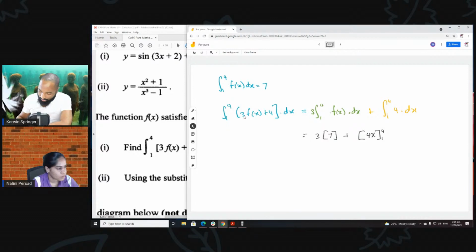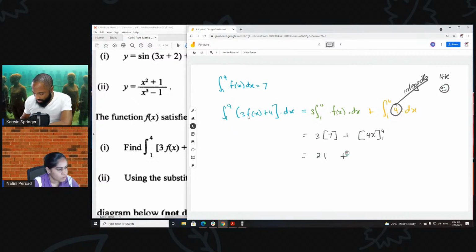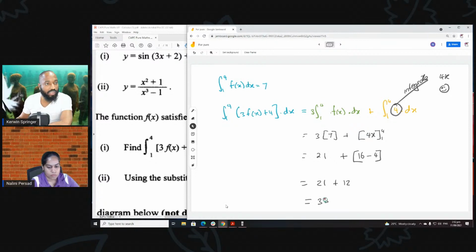Because when I integrate 4, I get 4x, right? So substituting with the 4, I'll get 21 plus 4 by 4 is 16 minus 4 by 1 is 4, so that's 12. 21 plus 12 is 33.